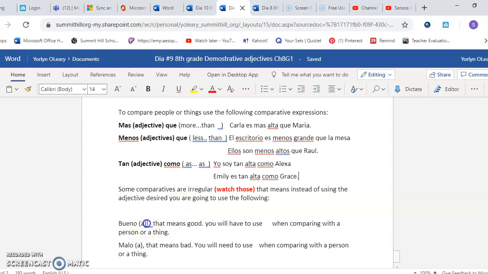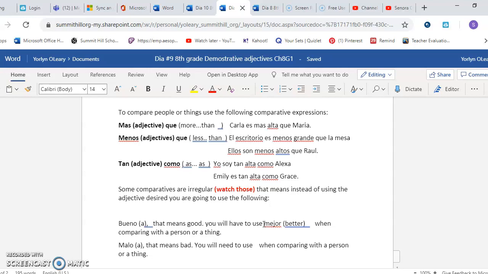For bueno, we know that bueno or buena means good, right? So you will have to use this word. You're going to use mejor. And mejor means better. And it makes sense because you don't say the sandwich is gooder than the, we don't say it like that. We say the sandwich is better than the hamburger.